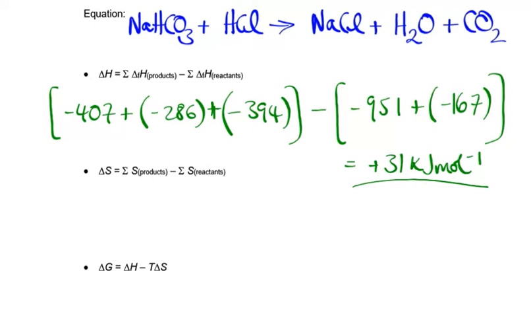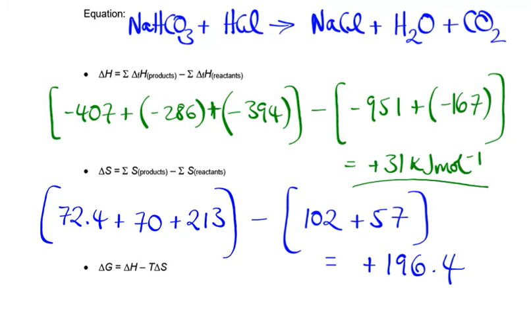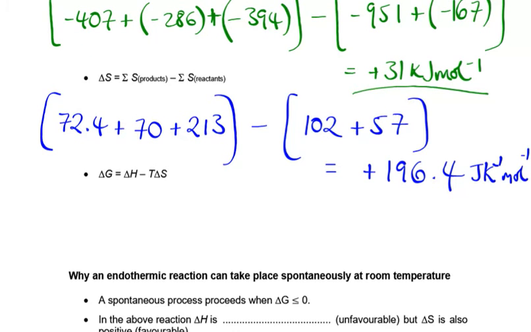Now do the same for delta S. Remember, that's the sum of the entropy of the products, take away the sum of the entropy of the reactants. And we should have got plus 196.4, and that's joules per Kelvin per mole.